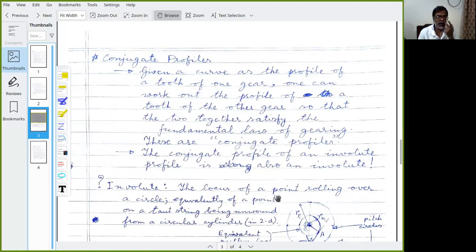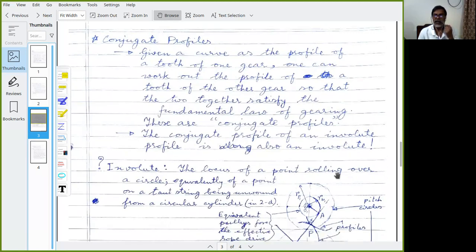Now what is an involute? The locus of a point, let me just write it here.